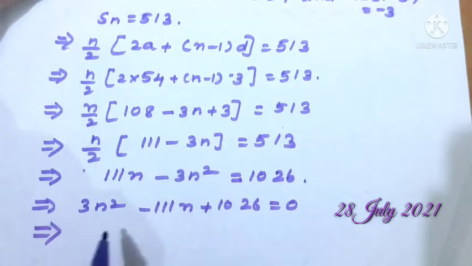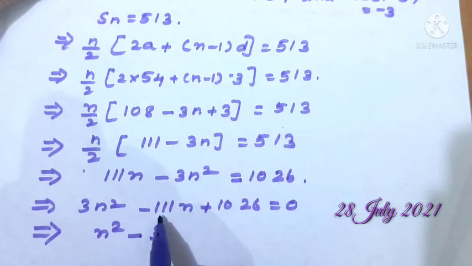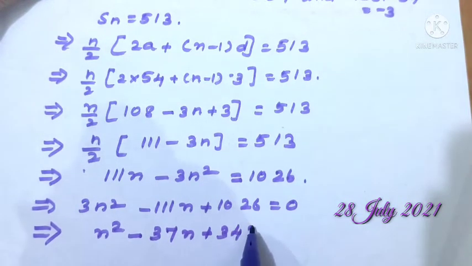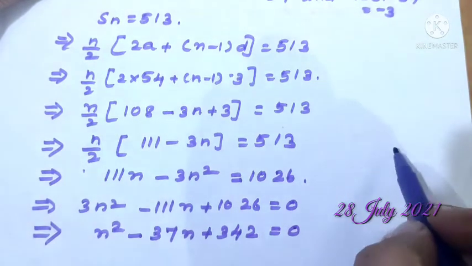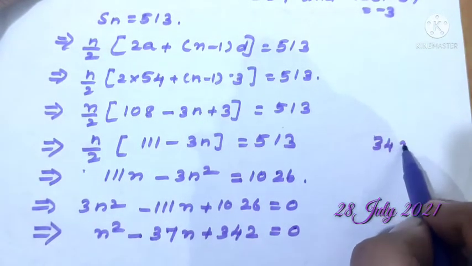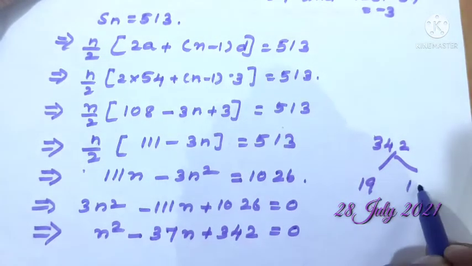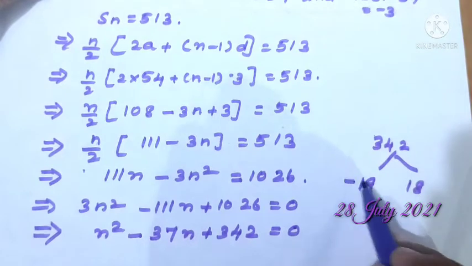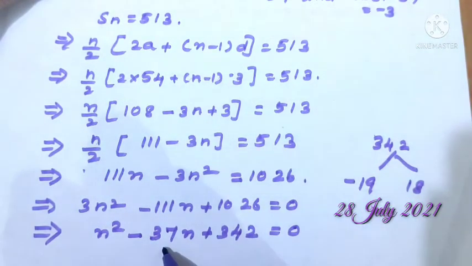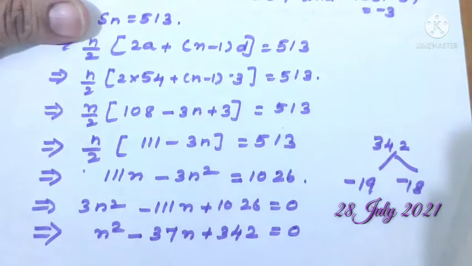Now we can cancel with the 3: n square minus 37n plus 342 equal to 0. So the product is 342, the factors are 18 and 19, and we need minus 37, so both are negative.